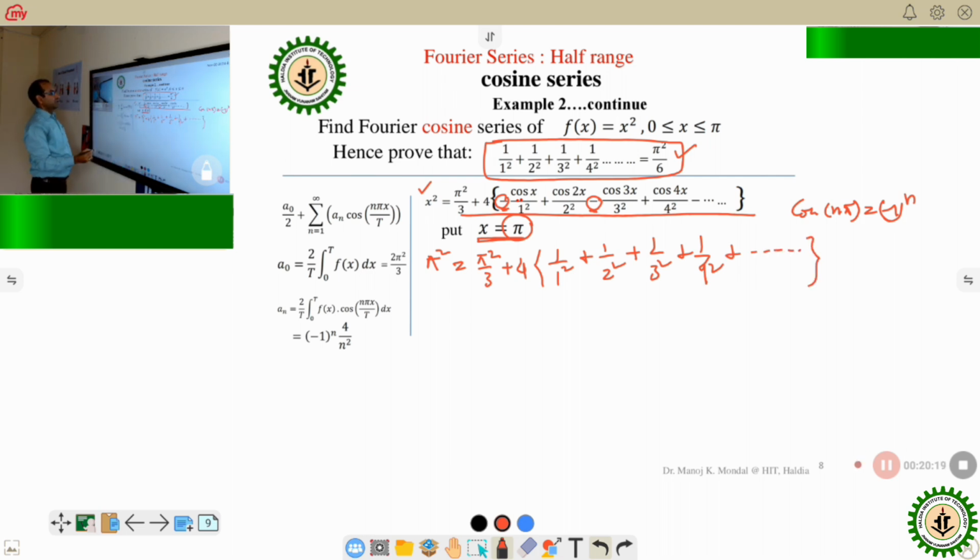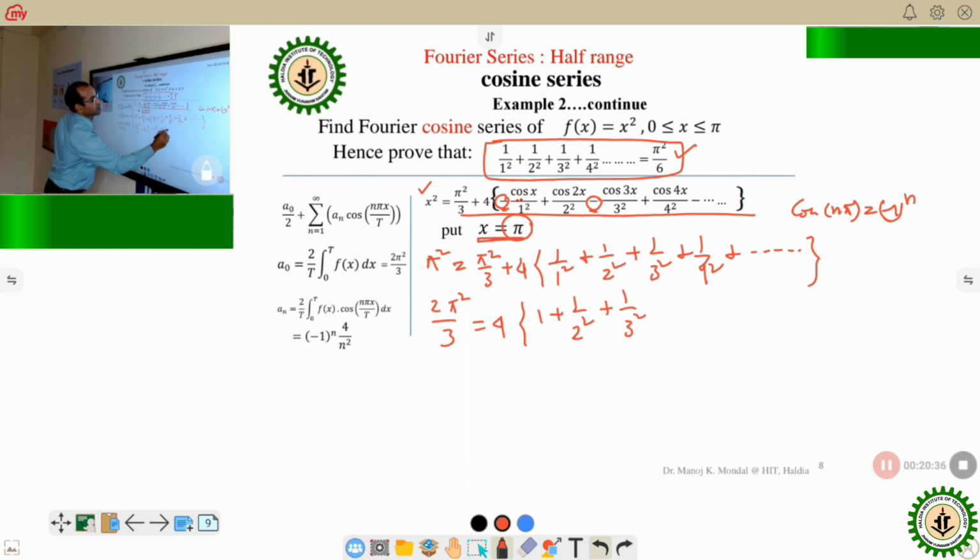So now we have to rearrange it. That means pi square minus pi square by 3, that's equal to 4 into 1 plus 1 by 2 square plus 1 by 3 square plus 1 by 4 square plus this one.